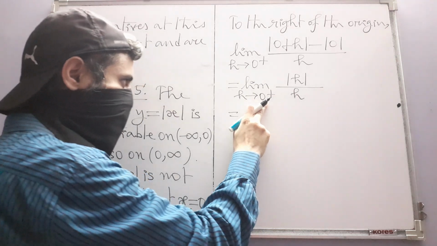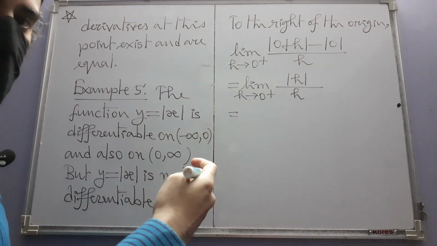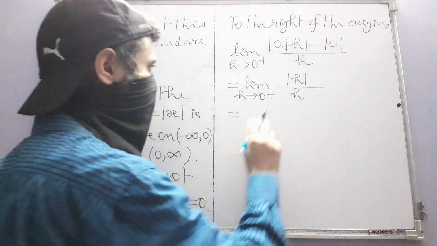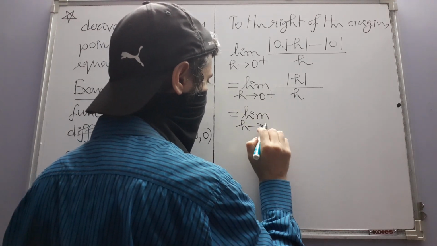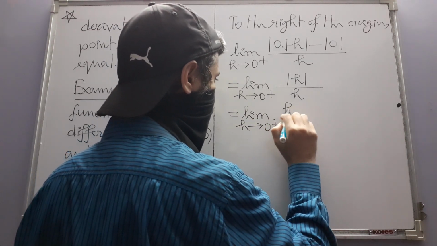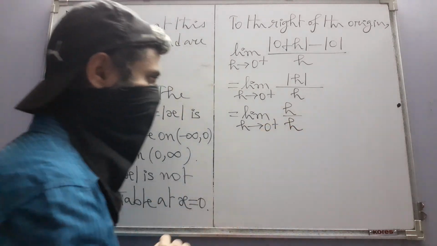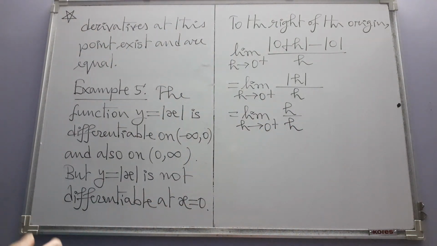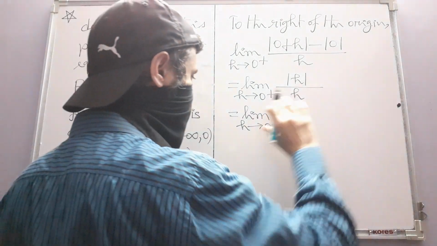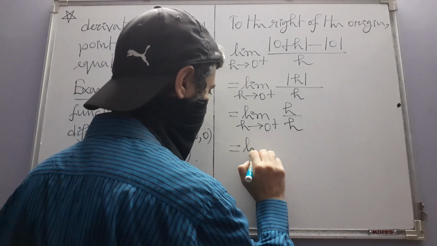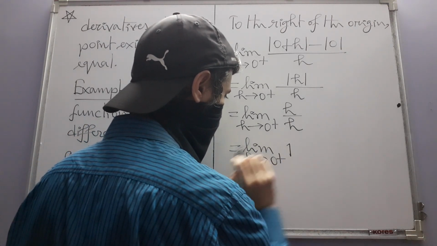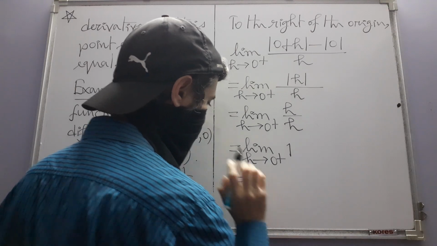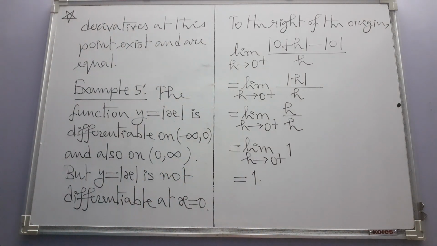H is approaching 0 but from the right side, that means H is positive, and that's why the numerator in this ratio is going to be just H. Okay, and because H is non-zero, this is nothing but 1. So the right hand derivative is 1.